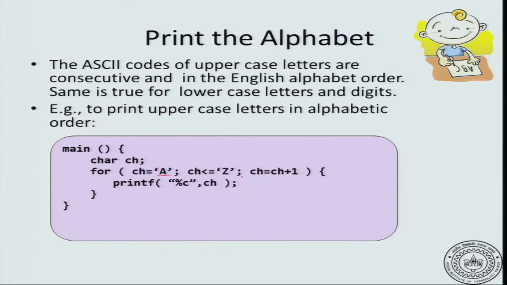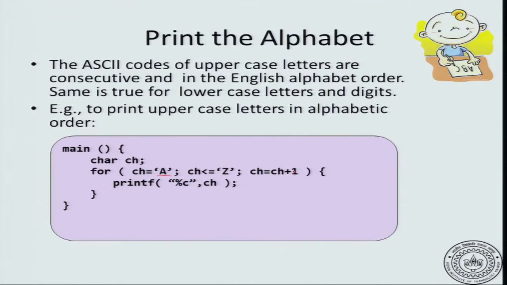Now, we can write the for loop in an interesting way. We can say that start from capital A and then print the characters until you hit capital Z. And the update statement is, after printing, go to the next ASCII letter.